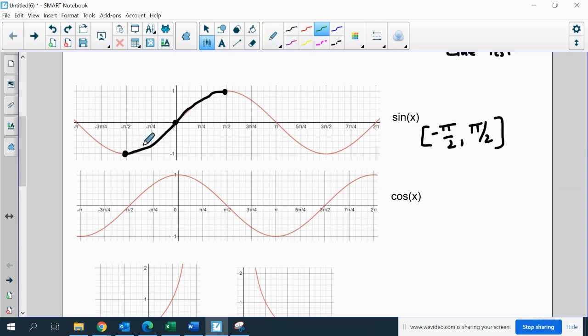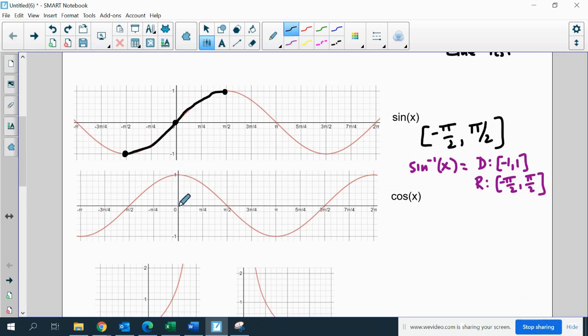So if we're doing the inverse function, sine inverse, then our domain is going to be negative 1 to 1, and our range is going to be negative pi over 2 to pi over 2, because remember, the x and y values flip when we are dealing with inverse functions.